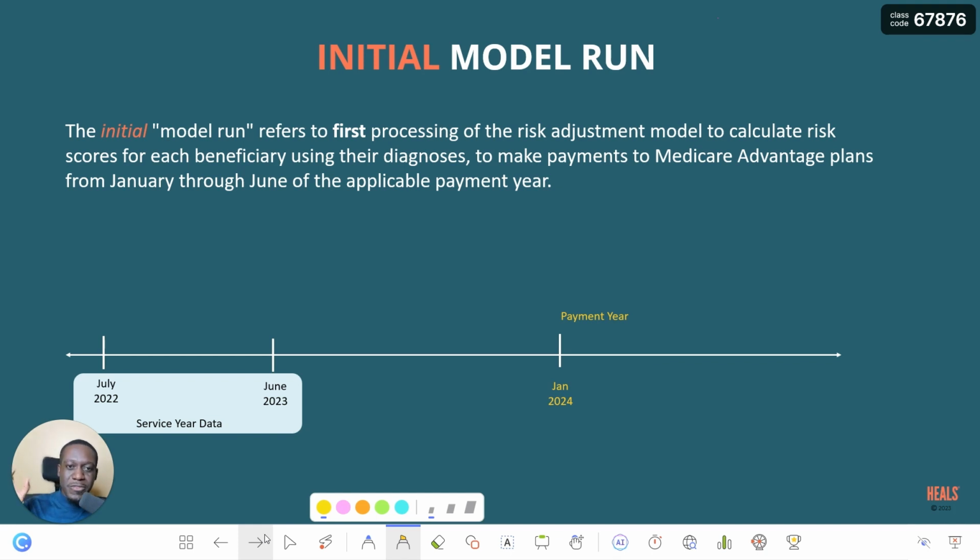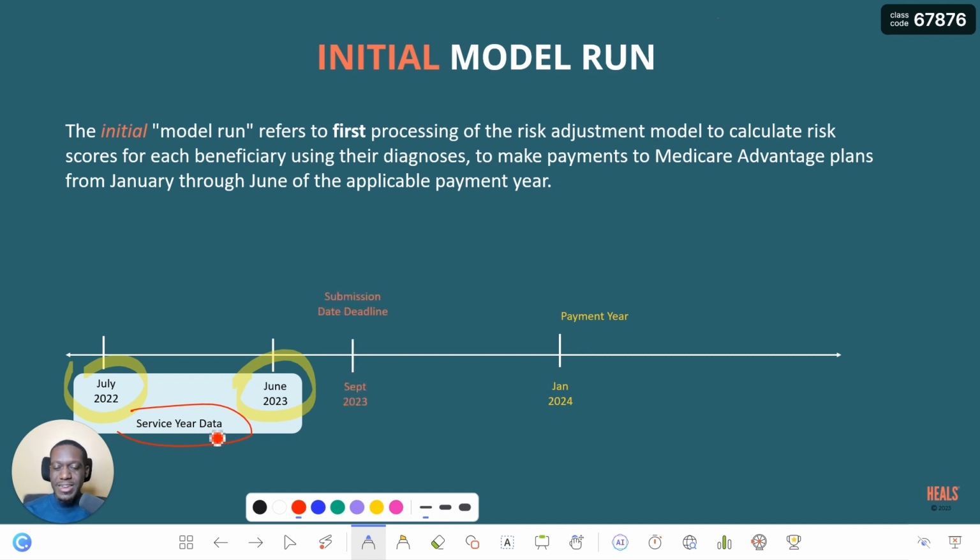But 2023 date of service data will not all be in by the beginning of January 2024. And therefore, in initial payment model run, CMS uses date of service data from July 2022 through June 2023. That is the service year data that is going into the initial 2024 payment run.